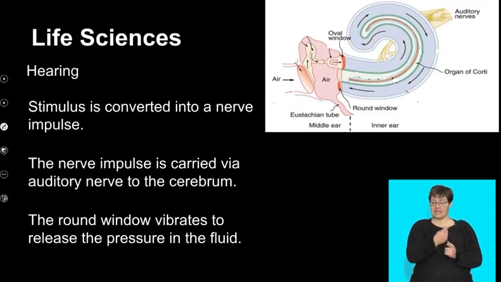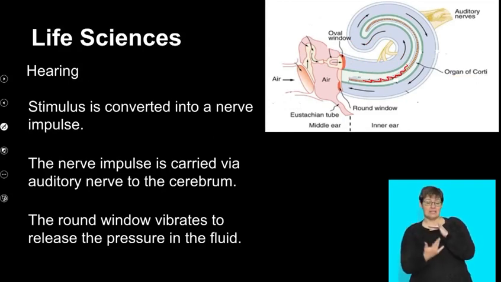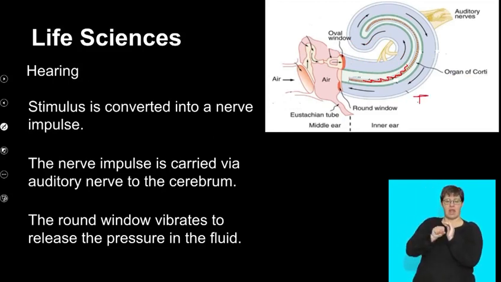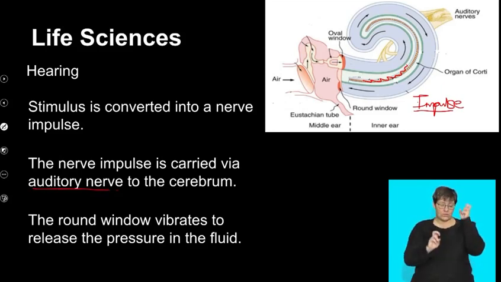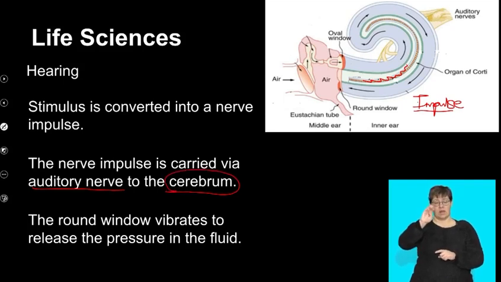Like I said, the organ of Corti is stimulated here, and then it converts the stimulus into an impulse. Remember the word impulse, not a message. And that will always be transported via the auditory nerve, not any other nerve, to the cerebrum. There's the word, cerebrum.